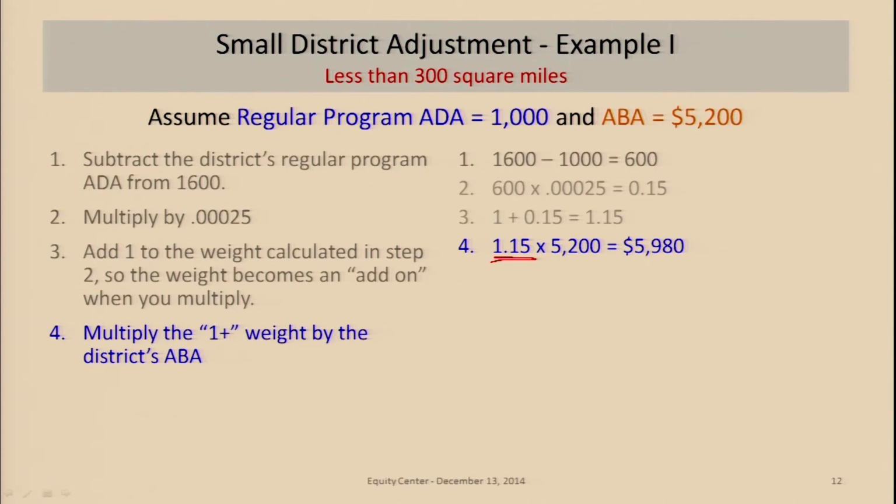Otherwise, you just reduce things. The 1 keeps it the same, the 0.15 adds to it. So you take this multiplier, 1.15, and you multiply it by 5,200, and that gives you the adjusted allotment. Go from adjusted basic allotment to adjusted basic allotment. So that would be the number that this small district with 1,000 children and a $5,200 adjusted basic allotment would use going forward in the funding formulas.